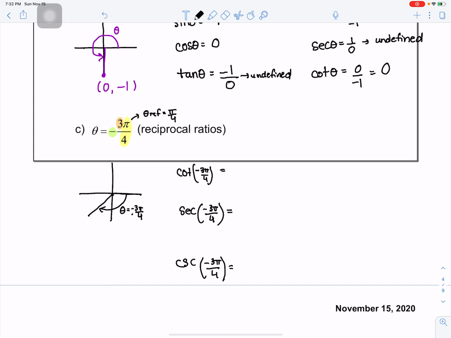We have to remember that cotan is x over y, secant is x over r, so the reciprocal of x over r is r over x. Cosecant matches with sine, so the reciprocal of sine is r over y.